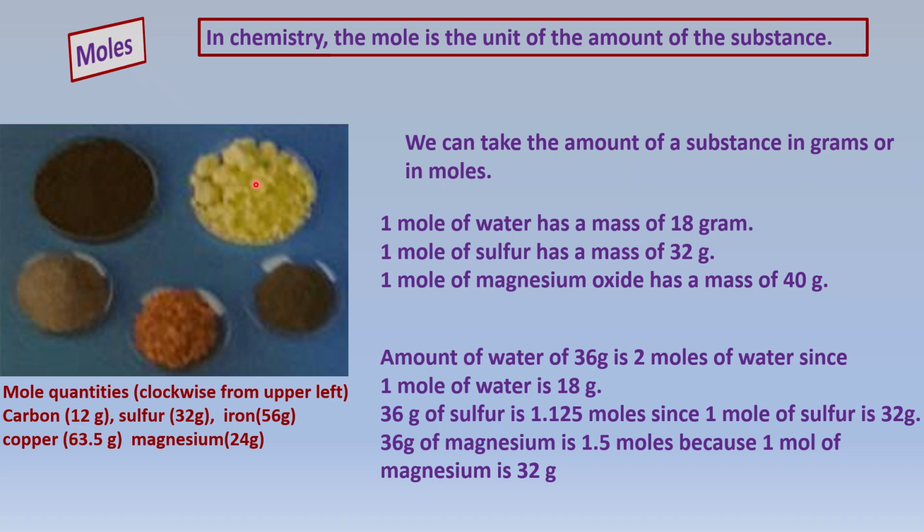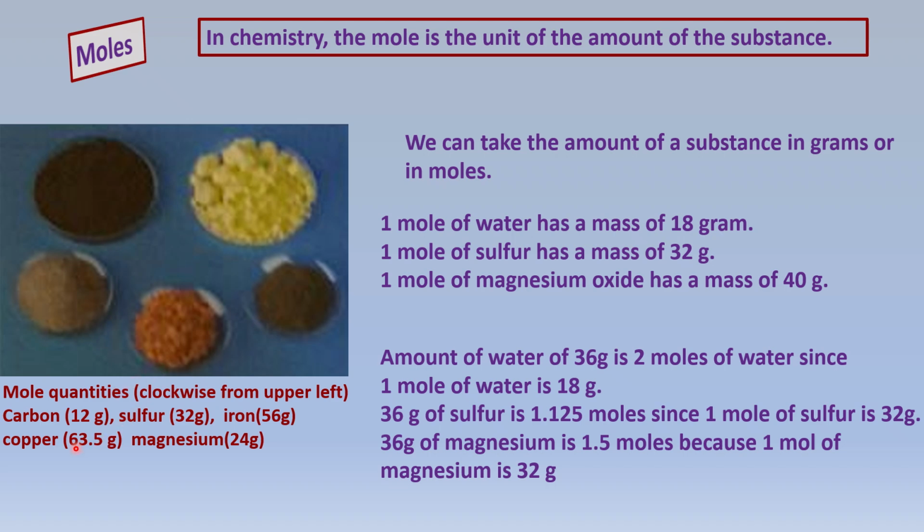Let's examine. Here, this is carbon. Carbon, 12 grams is 1 mole. Sulfur, 32 grams of sulfur is 1 mole. Iron, 56 grams of iron is 1 mole. This is copper.